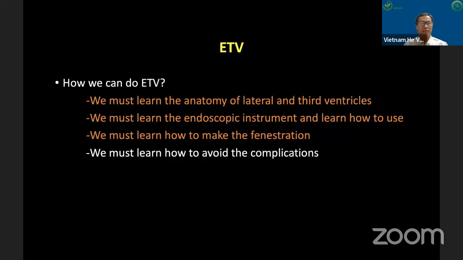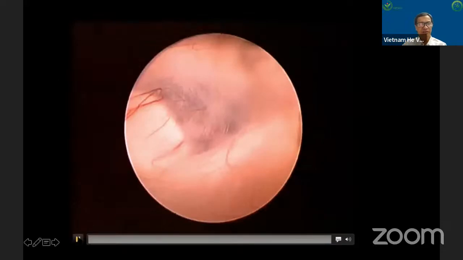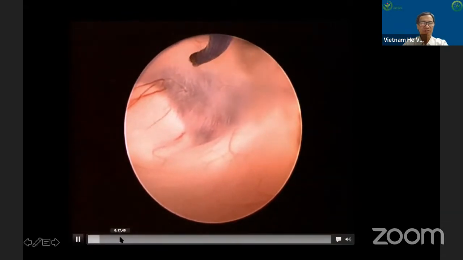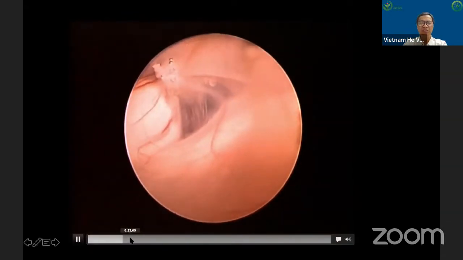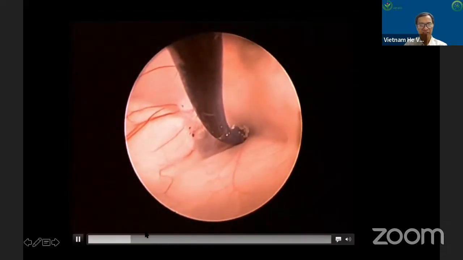And the last lesson I would like to share with the young is how we can avoid complications. This one is a little bit difficult when we make a hole with coagulation, because the floor is very thin. You can see it's very thin.